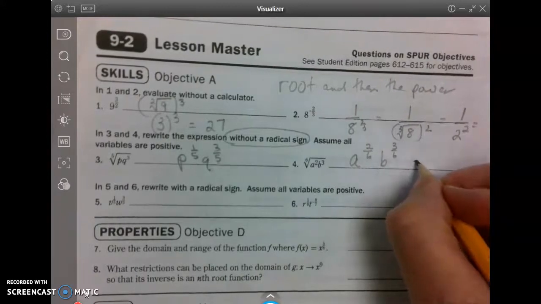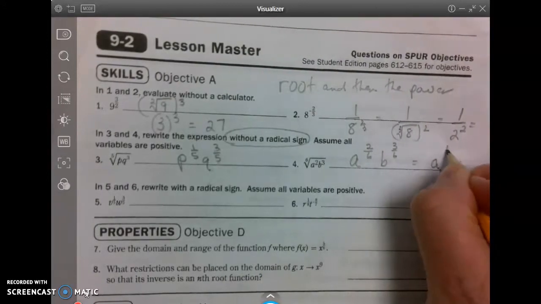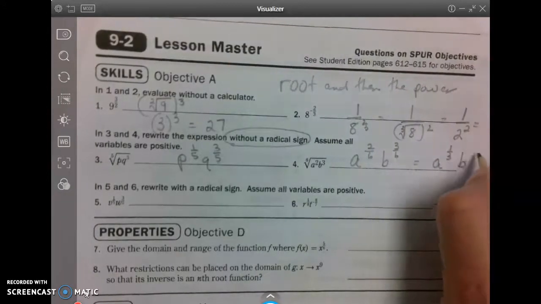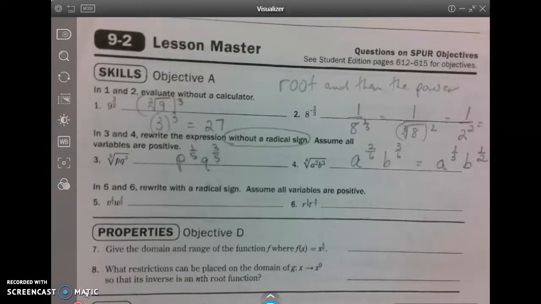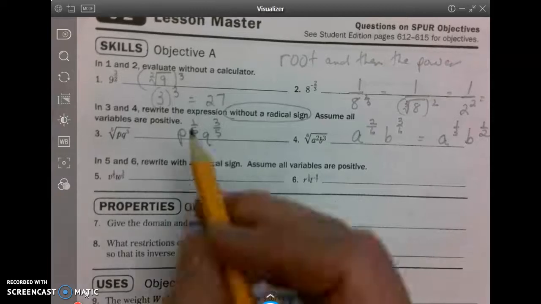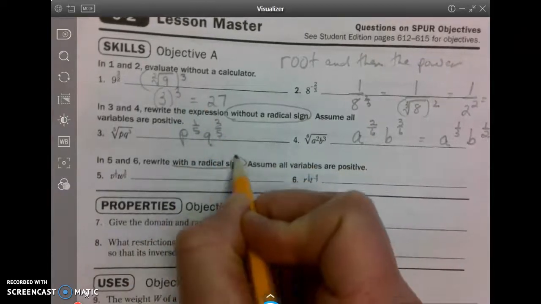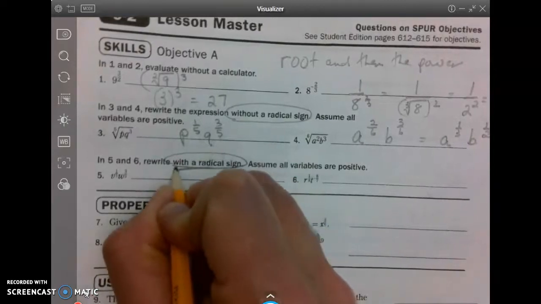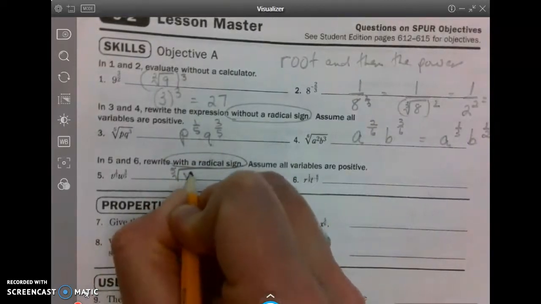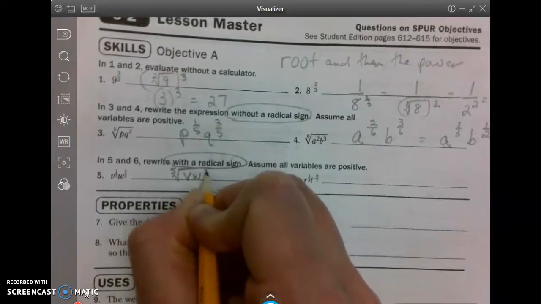These fractions can be simplified, so I get a to the 1/3, b to the 1/2. Number 5, rewrite with a radical sign. So we are going to have the 5th root of v to the 1st, w cubed.